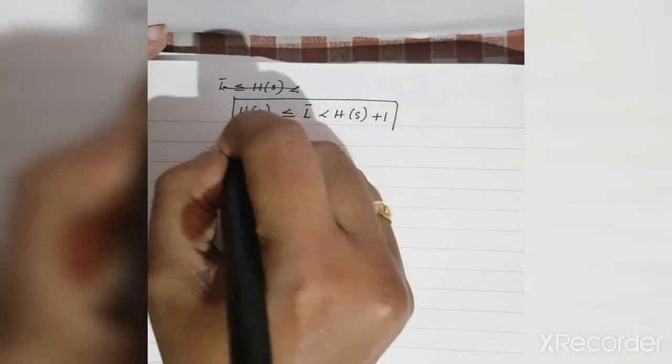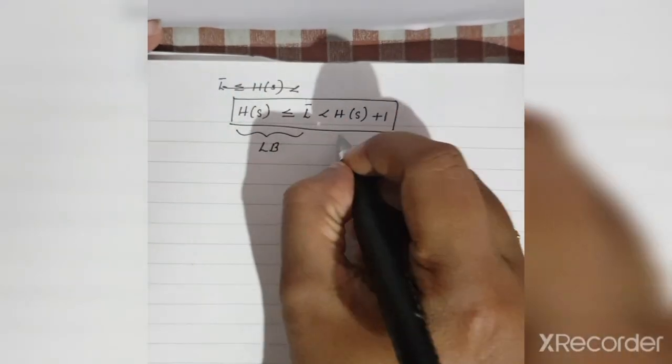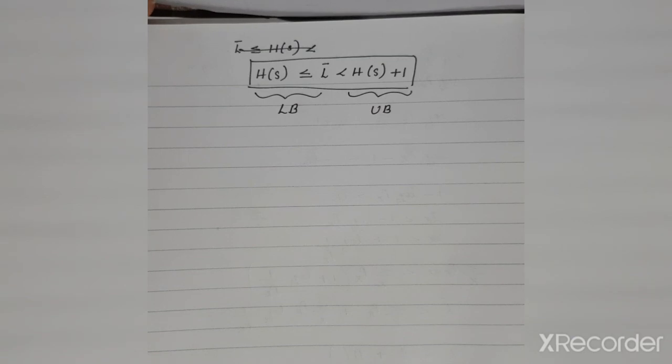This portion represents a lower bound and this represents an upper bound. First let's prove the lower bound.